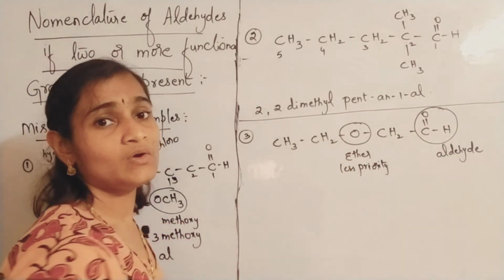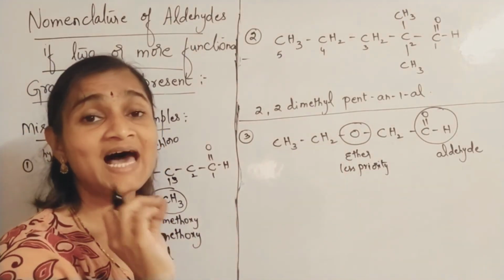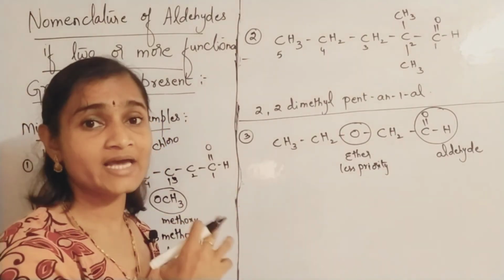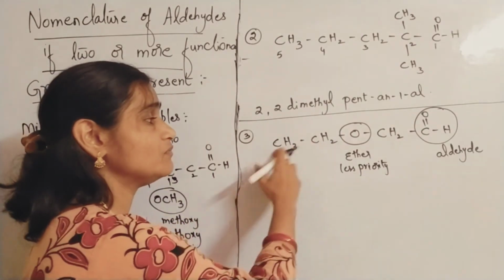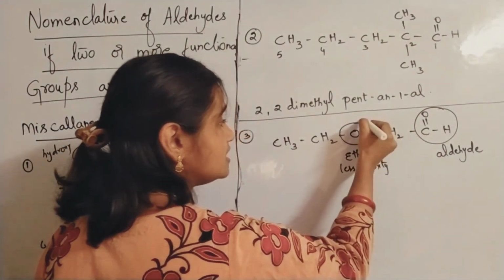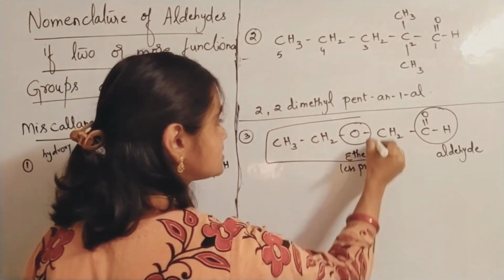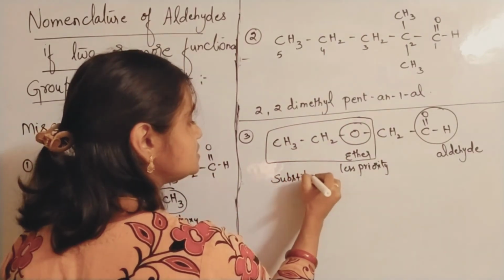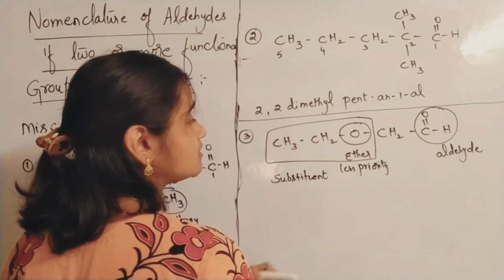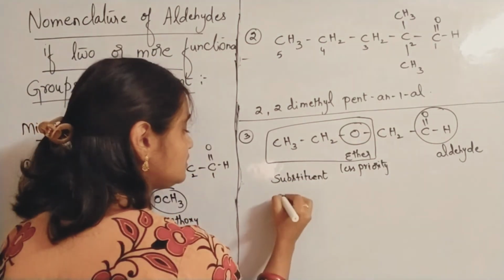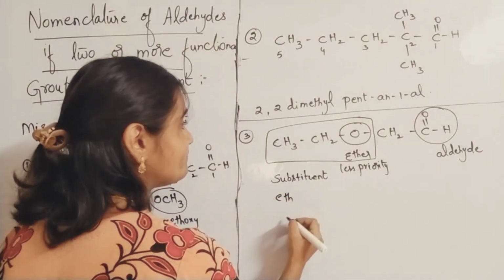So it will become what? Ethoxy. Okay, now what will be the prefix for ethers? Alkoxy. Here 2 carbon atoms are attached with oxygen. So it will become what? Ethoxy. And this will become your main parent chain. This whole thing will become your what? Substituent. Okay, ether will become a substituent. So if it is a substituent, you should give a prefix for that. So the name of the compound will be what?